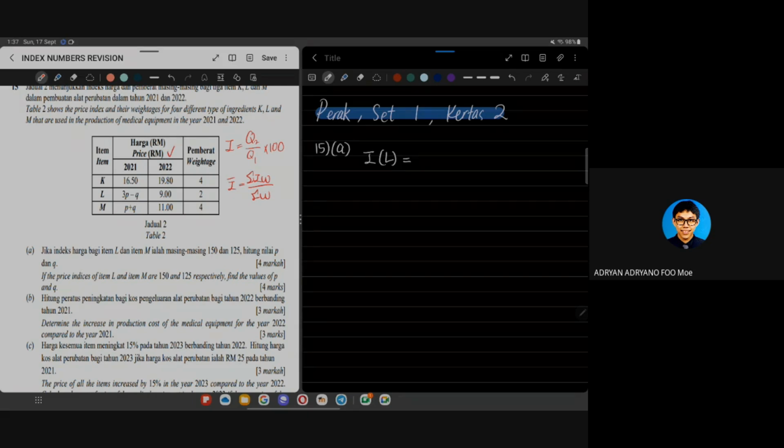So now would be 2022 over 2021. Okay? Alright, so 2022 for L, it is 9.00.